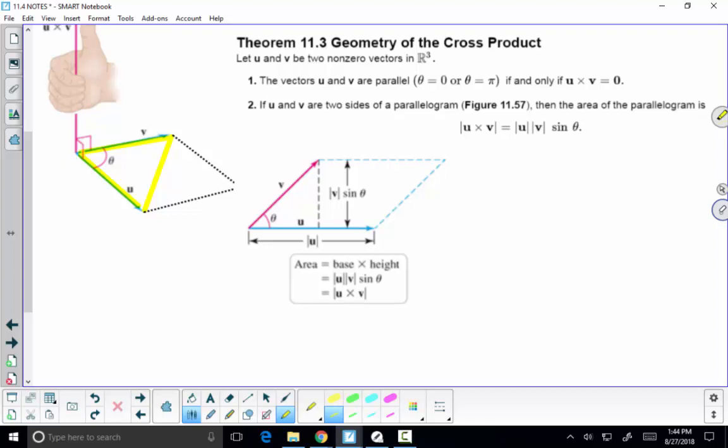So if we were given this vector here, u, we can find its length easily enough. We can find the area of the parallelogram easily enough. Area of parallelogram divided by length of base will give us height. So that's another way to find the distance between a point and a line, a lot quicker than using P perp.